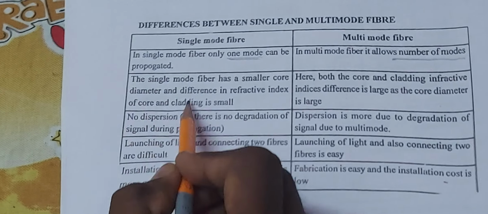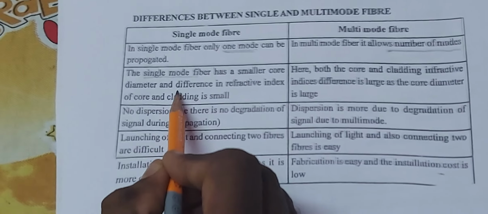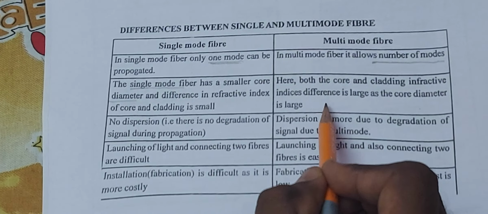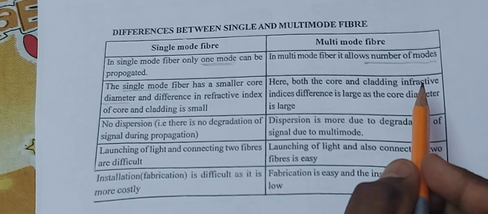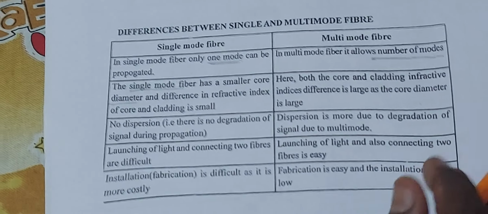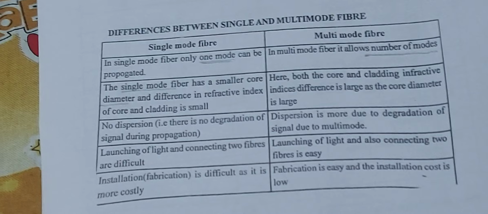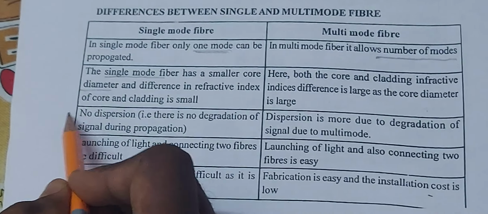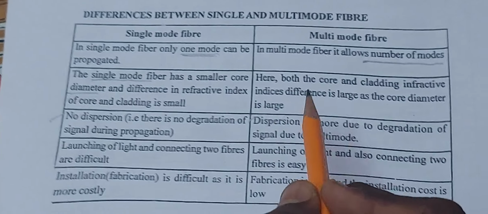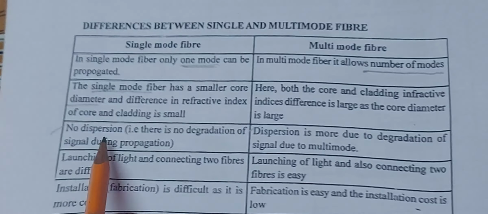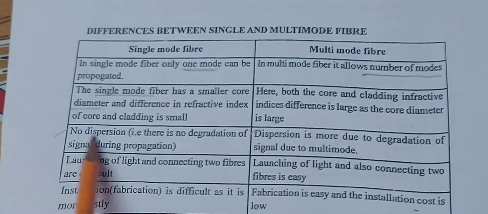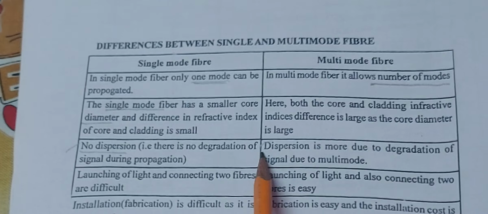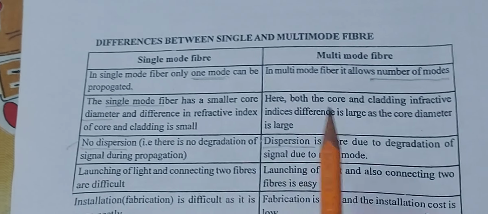Already we said that in single mode fiber the diameter is small, and in multi-mode fiber the diameter of the core is very large. Here no dispersion will take place, but here dispersion will take place. Because the core diameter is small, there is no probability of dispersion. Here the diameter of the core is large, so dispersion will take place.